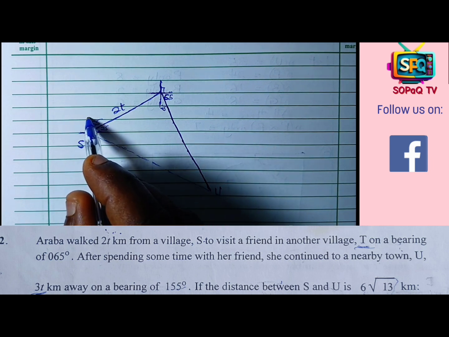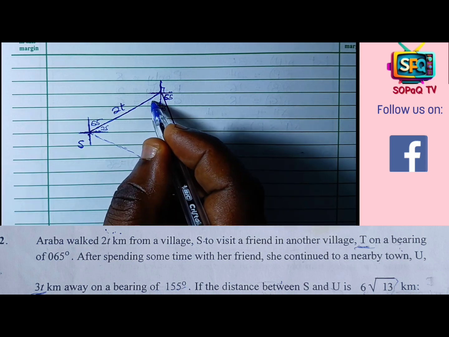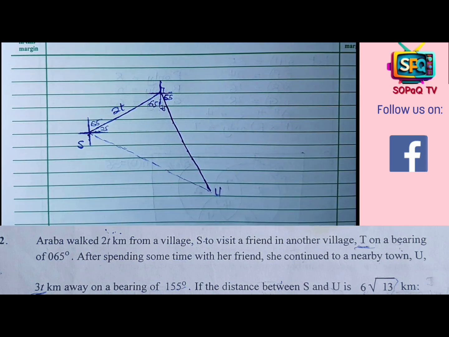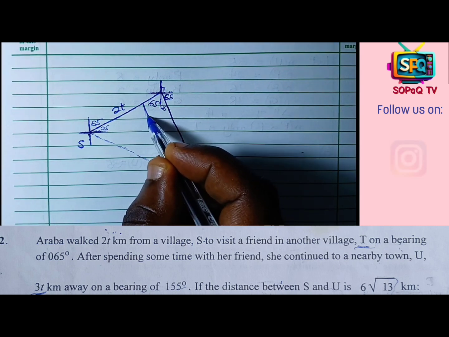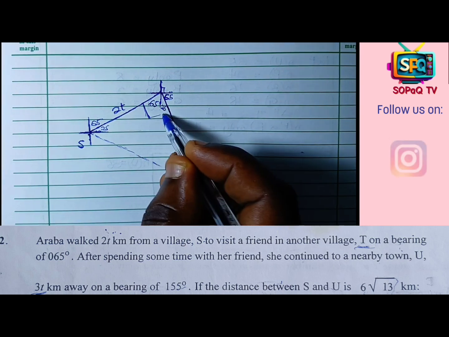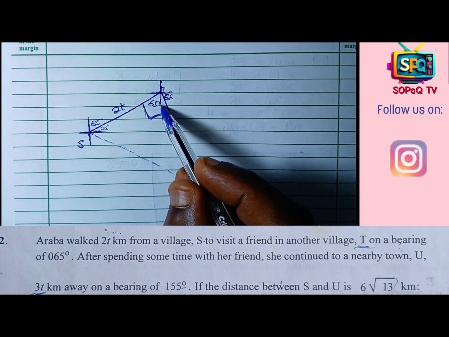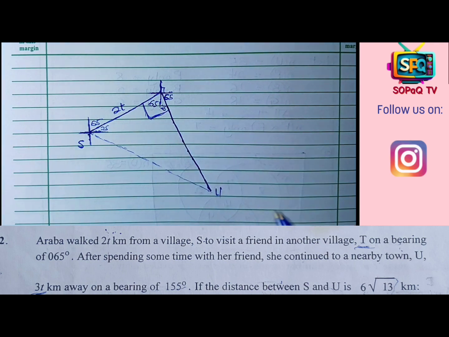And for the properties of alternate angles, if here is 65, 65 is also alternating with this side, thereby forming 90 degrees. That is 65 plus 25. That will give us 90.